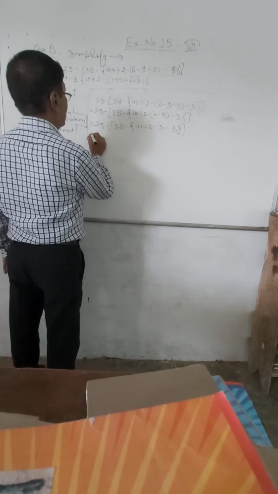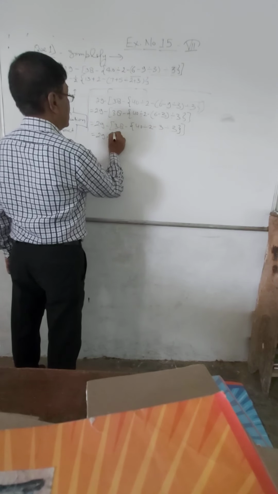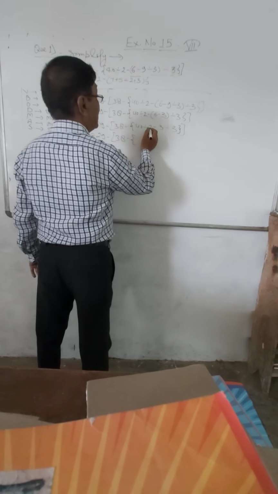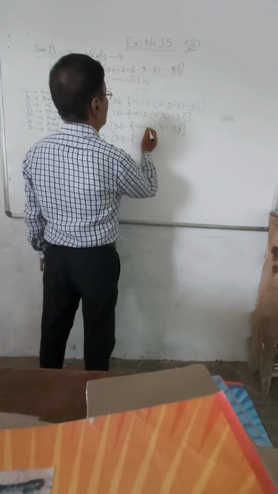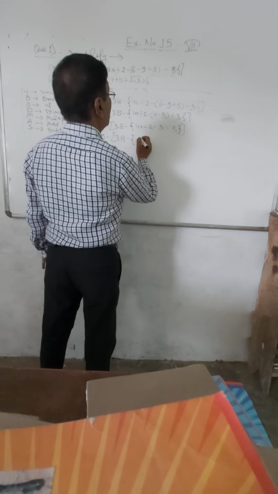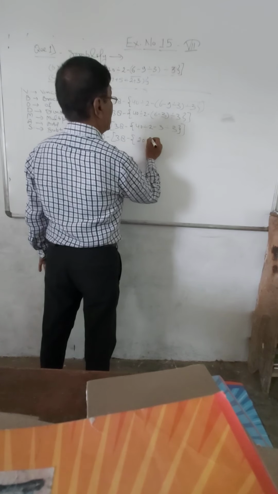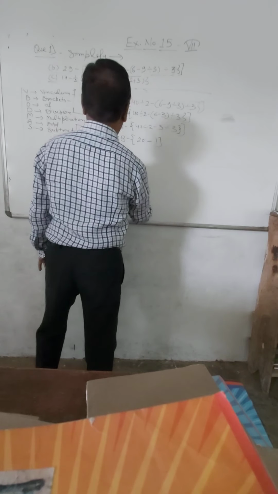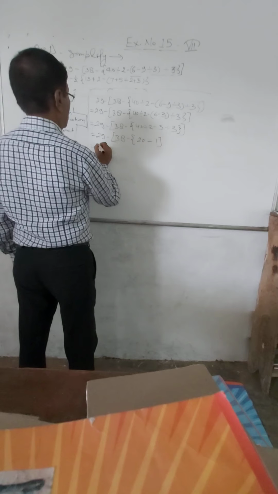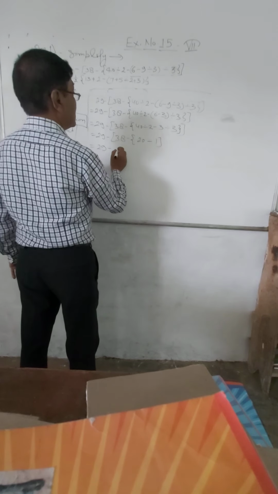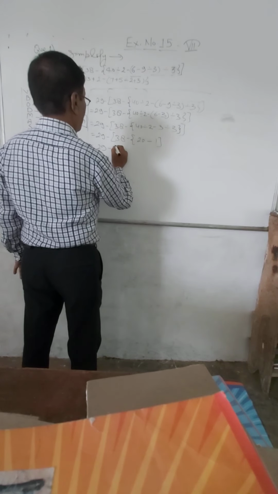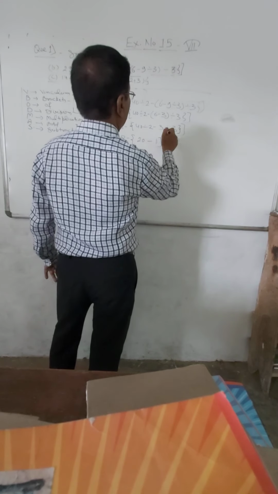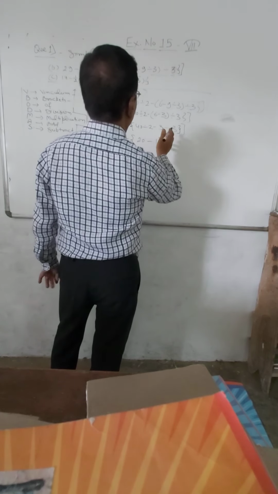So this is our first. 29 minus 38 minus 40 divided by 2. So 40 divided by 2 will come 20. Minus 3 divided by 3, 1. So 29 minus 38 minus. 6 minus 3, 3.